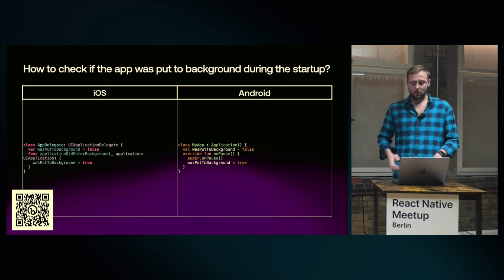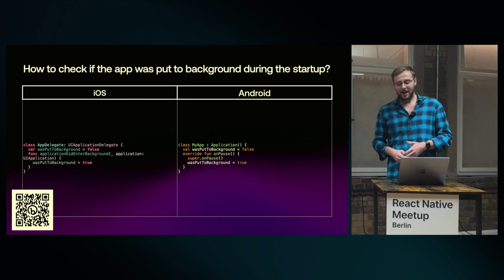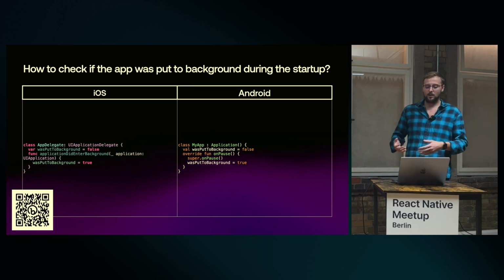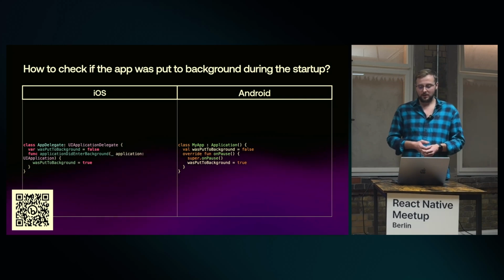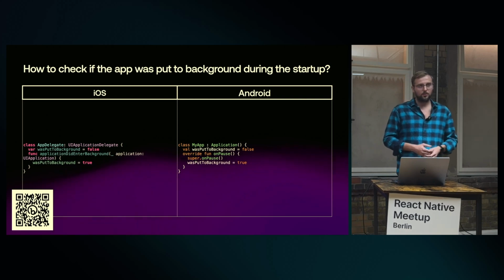And similarly, we can flag the cases where the app was put into background during the startup process and simply add the flag to the respective application state hooks and use it for further analysis.